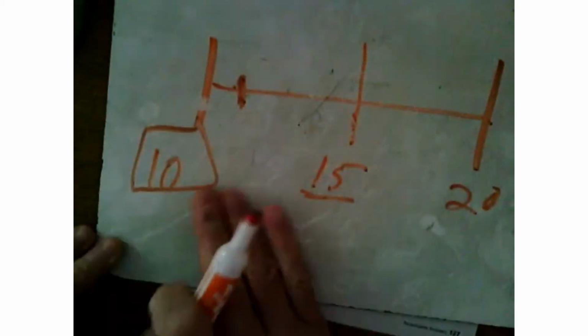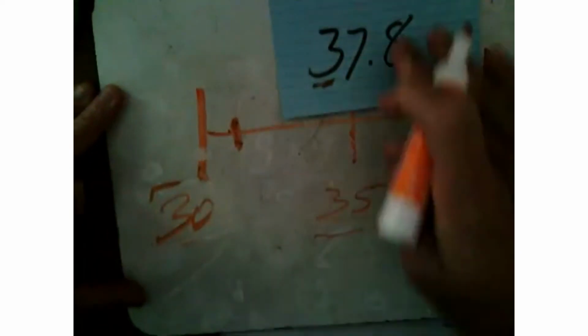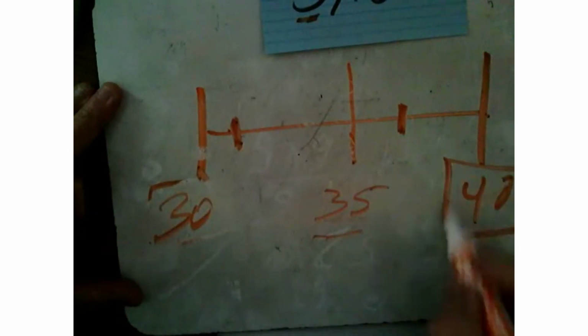Same with the 37 and 8/10. Here you're dealing with the number 30 or 40, and in between would be 35. So 37 and 8/10 is closer to 40 on a number line, so I'm going to round it to 40. I used rounding as my estimating tool in this one.